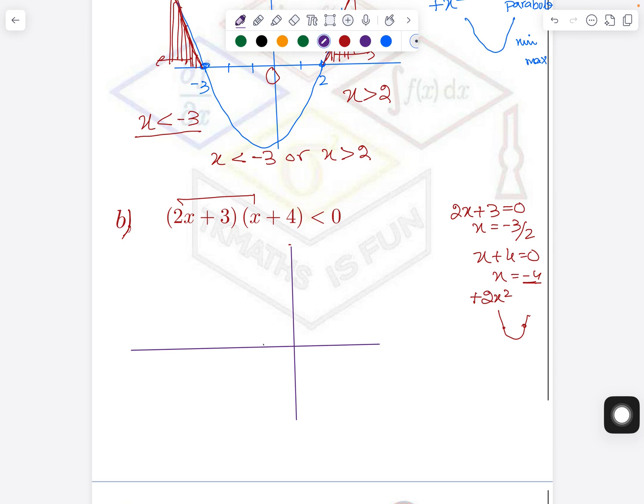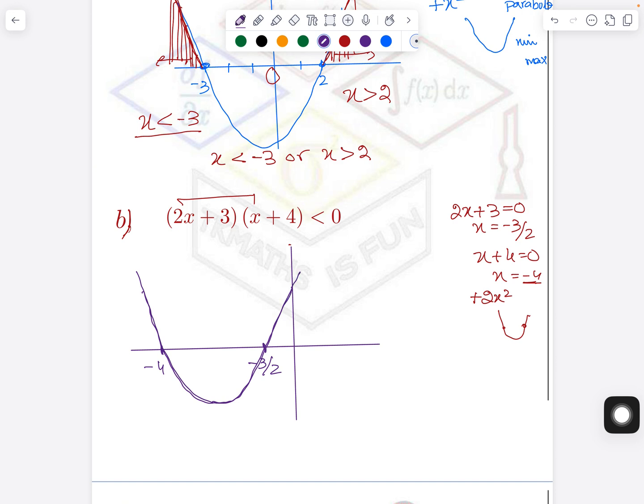So one is minus 3 upon 2, the other is minus 4. The curve will pass through these 2 points, and the shape of the curve will be like this. It's not very perfect, but still. Okay.